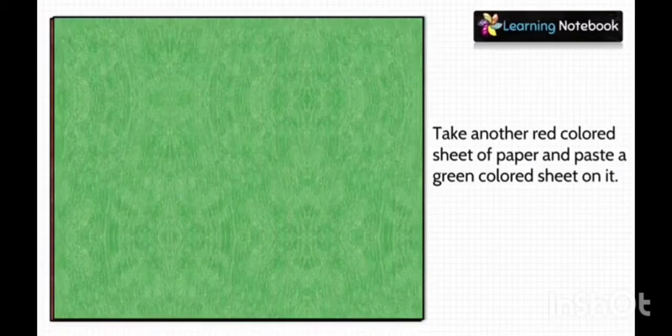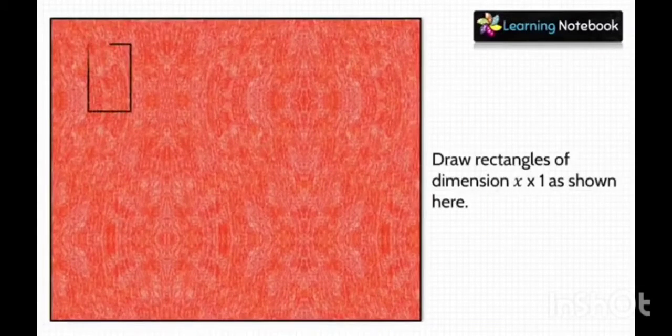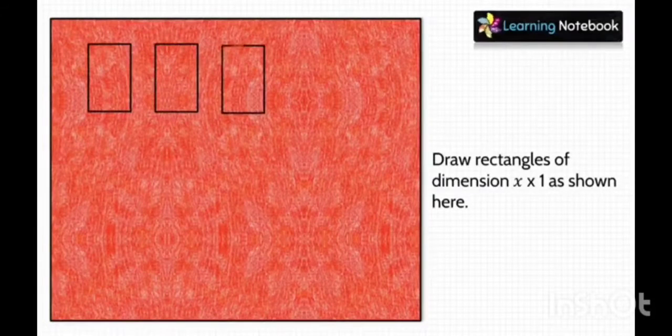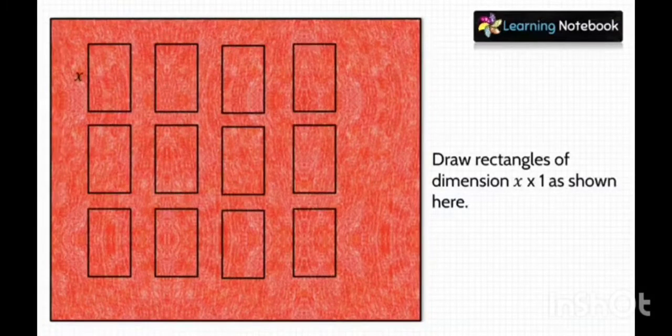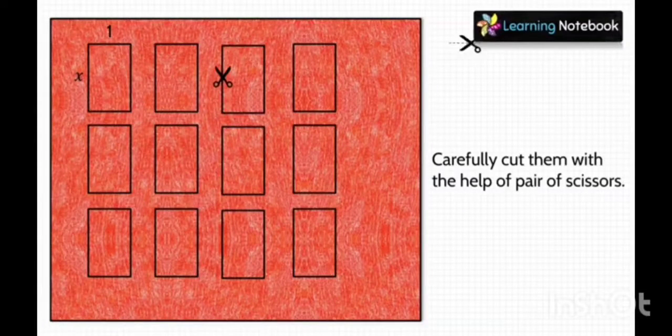In the next step, take another red colored sheet and paste a green colored sheet on it. Now students, draw rectangles of dimension x into 1 on this sheet as shown here. And then again, carefully cut out these rectangles with the help of pair of scissors.